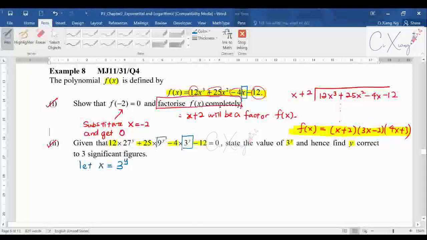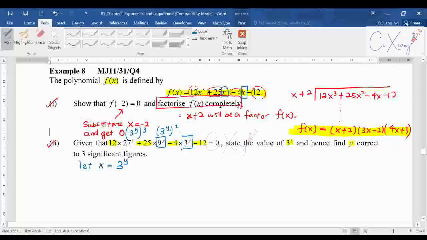So x is actually 3^y if you compare. How do you compare 9^y with x squared? It is actually (3^y) squared, so if you expand everything, it becomes 9^y. This one is also the same: 27^y is actually (3^y) to the power 3. How to change it back to 27^y?